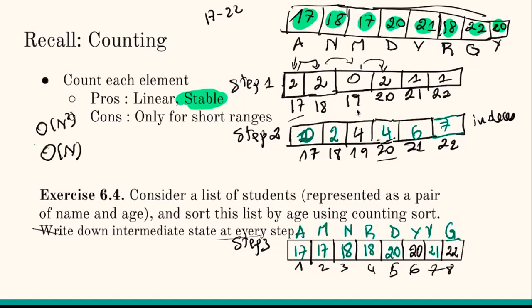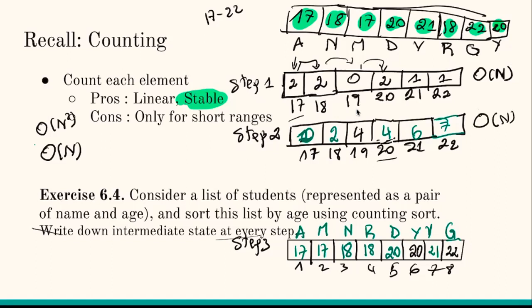Why n squared? So you say first step we count. What is the time complexity of counting here? Big O of n. And then? And what is the time complexity of these indices? Big O of n? Why n?